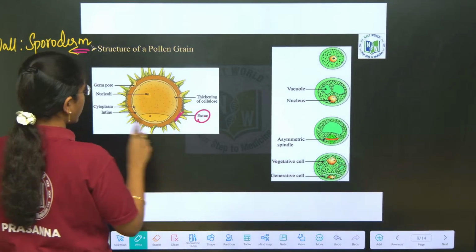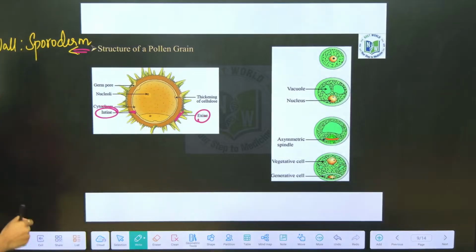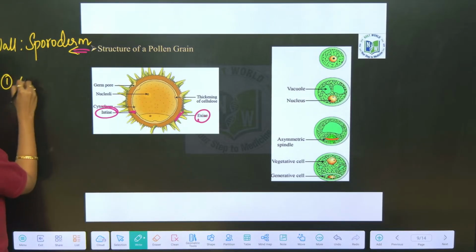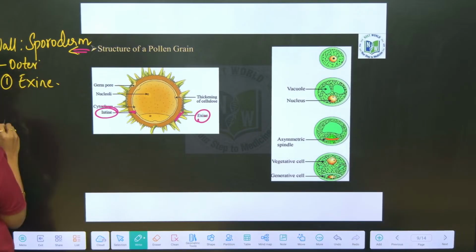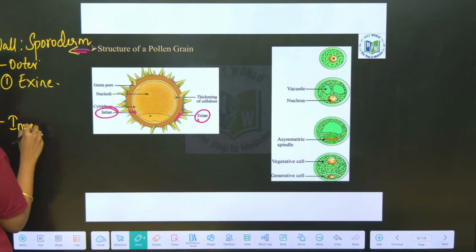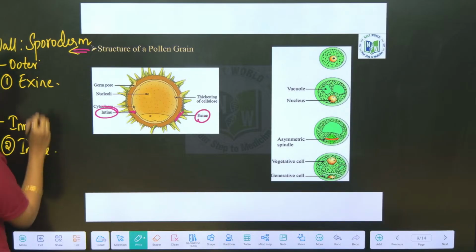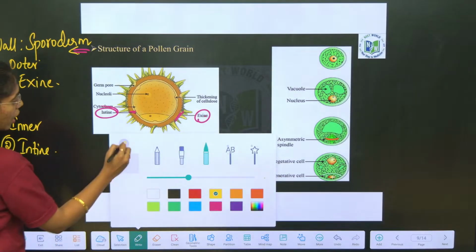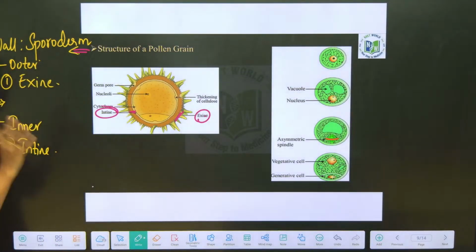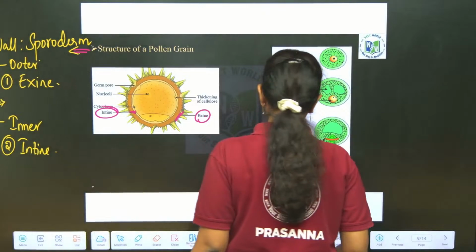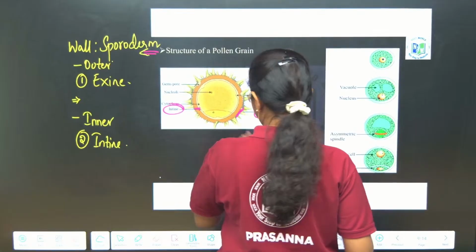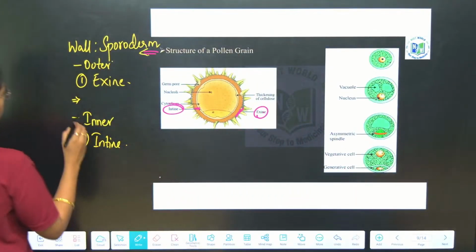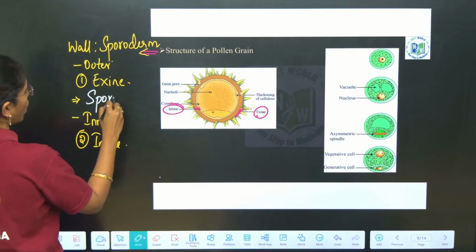The outer wall layer is exine, and the inner wall layer is intine. The outer exine wall layer is made up of the toughest organic compound known, which is sporopollenin.